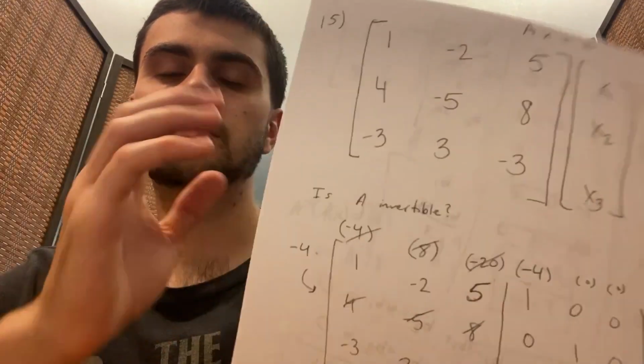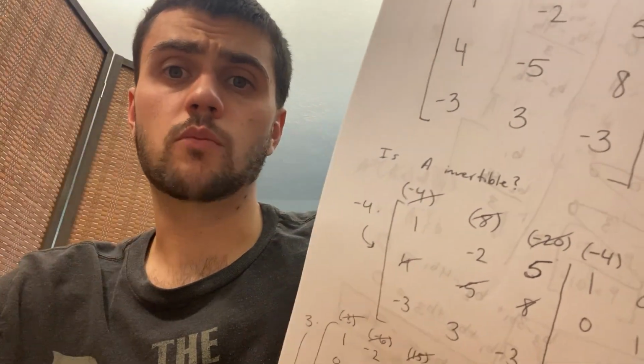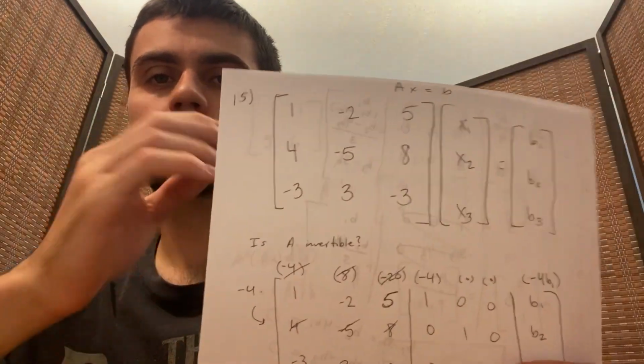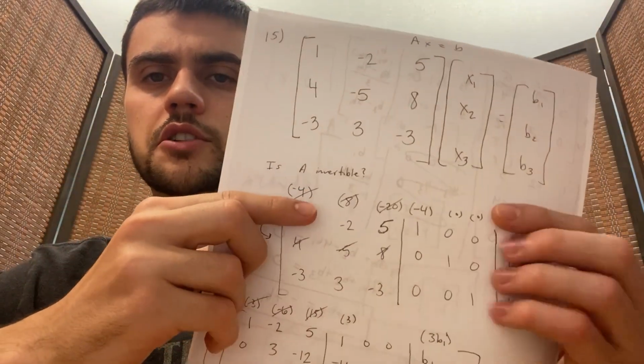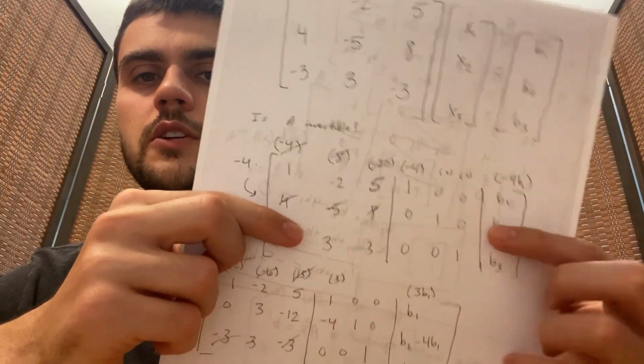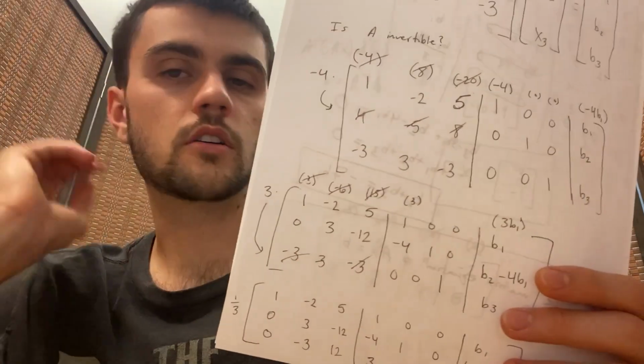15 was asking the same thing. I wanted to do another one where A wasn't going to be invertible, so I started with 15. Basically, I started out just seeing if A is invertible, but then I realized I can just partition the matrix with the B's on it, and then solve both at the same time.